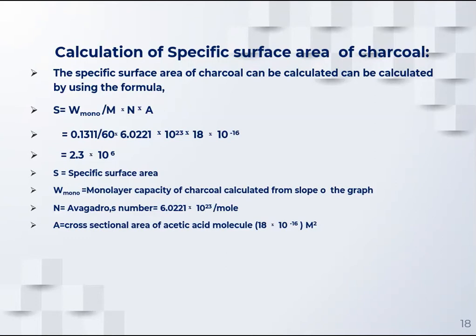Then A is the cross sectional area of an acetic acid molecule, that is 18 into 10 raised to minus 16 meter square. Then M is the molecular weight of acetic acid, and it is 60 gram per mole. So by putting all these values into this formula, W monolayer capacity divided by M into N into A, the final answer will be 2.3 into 10 raised to 6.